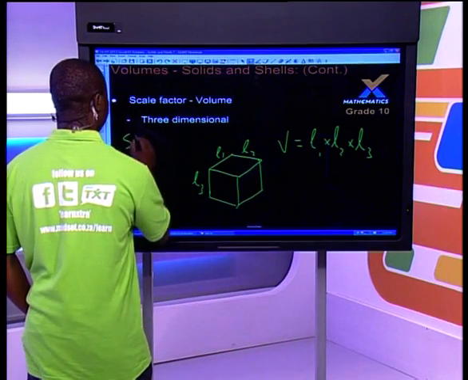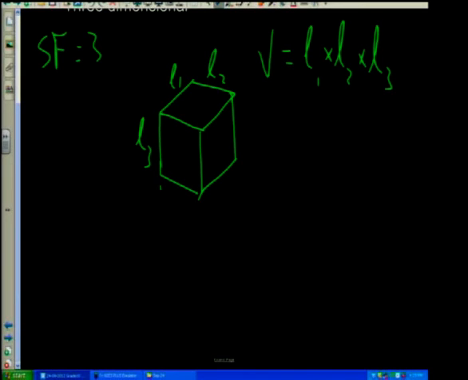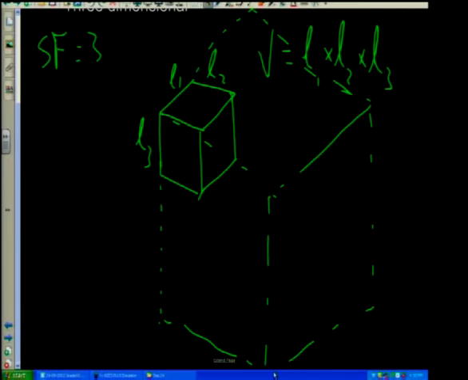So if our scale factor is equal to 3, all I'm saying is all those lengths, you are going to get 3 times that length and 3 times that length, we would end up with a volume that sits like that.